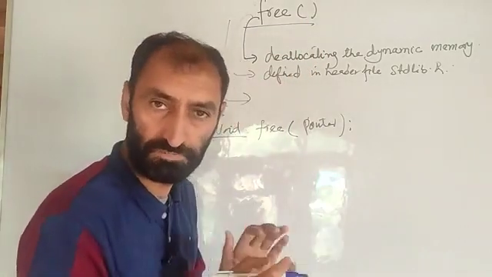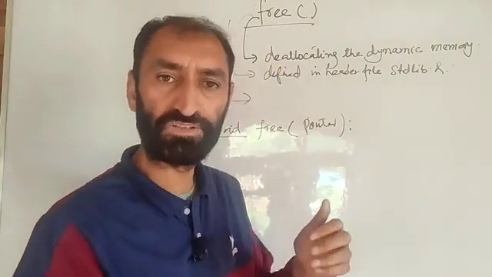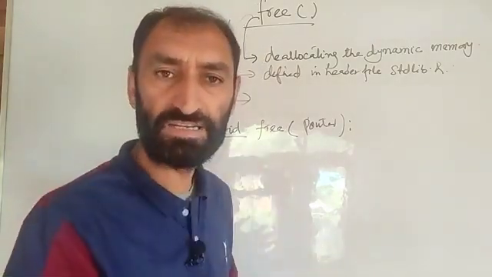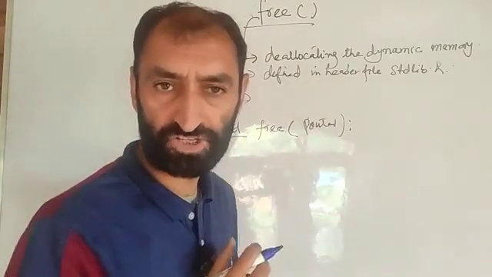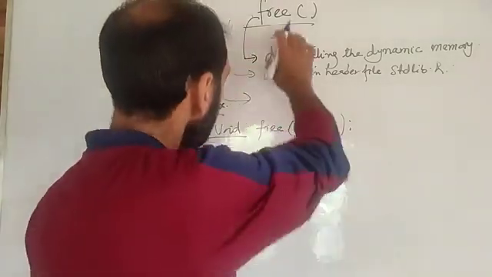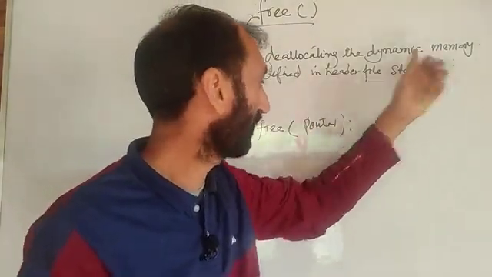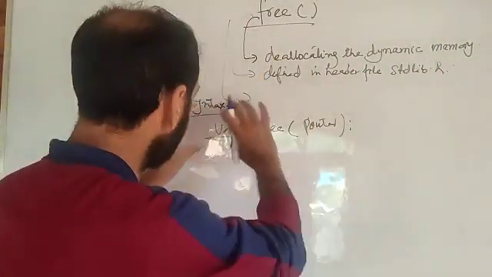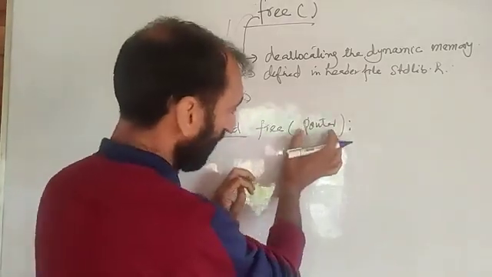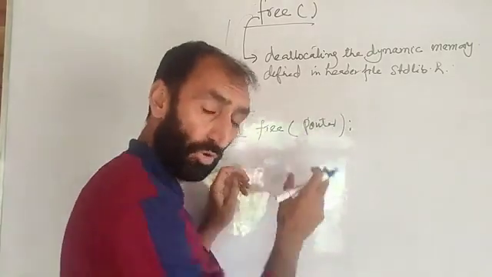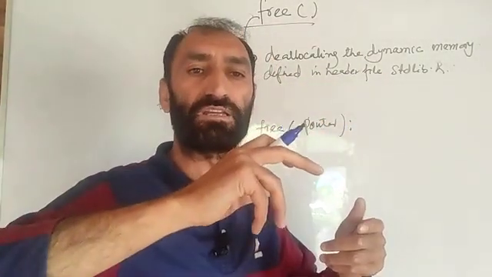This is the general syntax of the free function. First of all, the free function is used to deallocate the memory that has been previously allocated dynamically by using the malloc, realloc or calloc function. Second, this free function is defined in the header file stdlib.h, and the general syntax is that simply we have to write free, and it takes one argument, that is a pointer, the pointer which was previously used for allocating the memory.